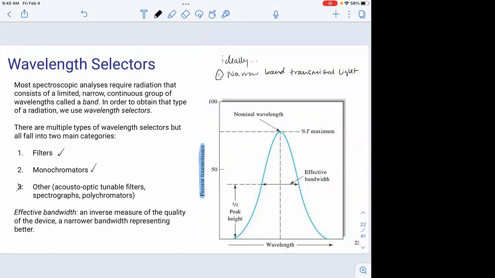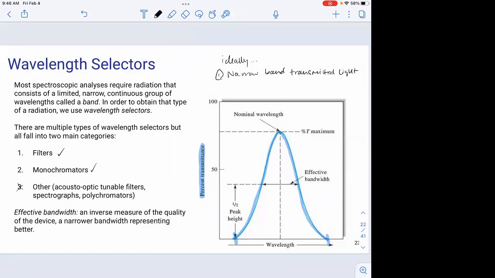Without a scale on this image, it's hard to say whether or not this one is actually narrow, but basically you're going to say that you only want a very narrow band of light transmitted. Okay. We want a sharp cutoff and a high percent transmittance. So actually, let me go back.